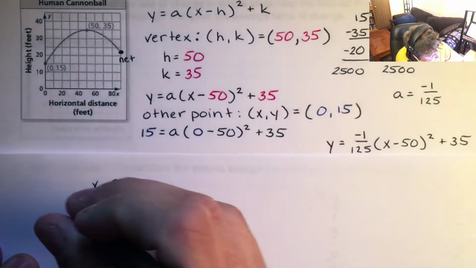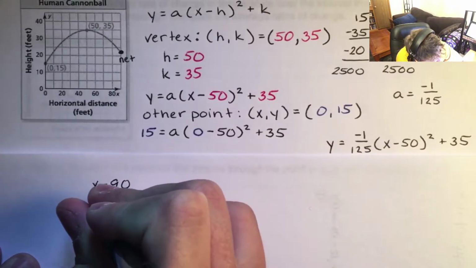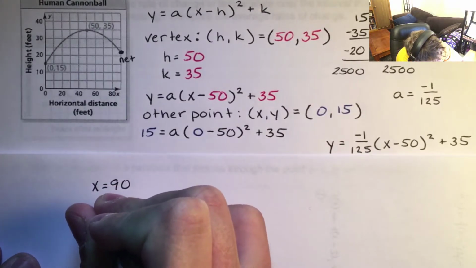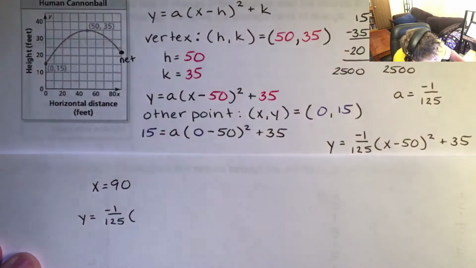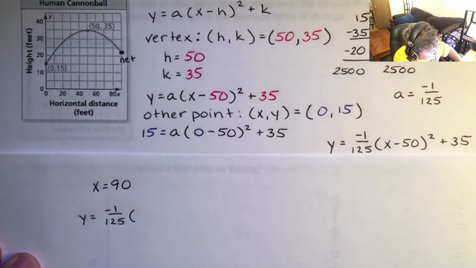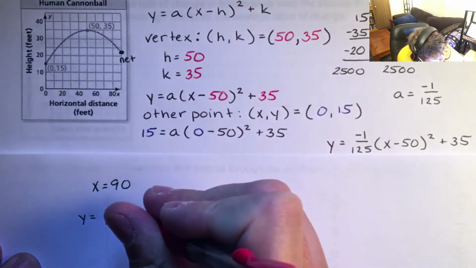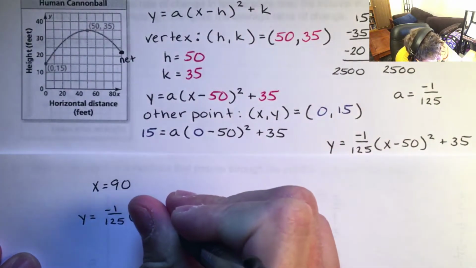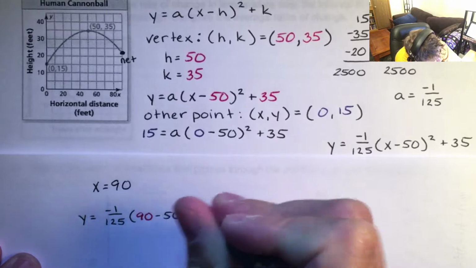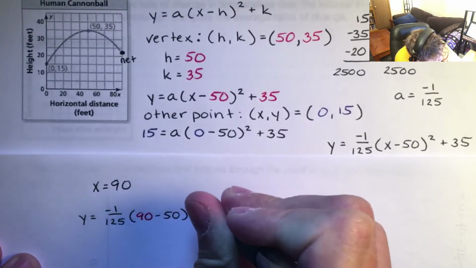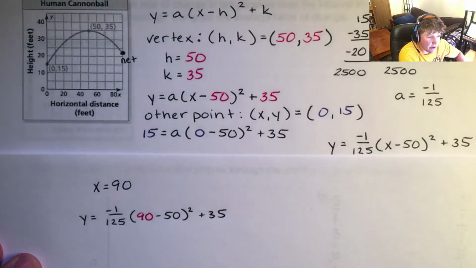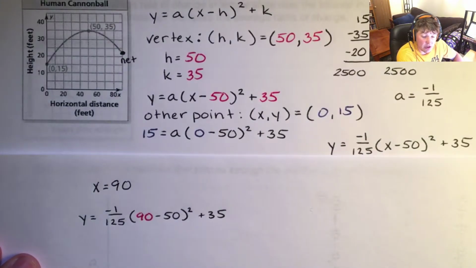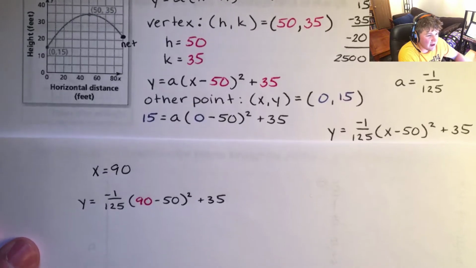So this is now y is equal to negative 1 over 125 times, well, we know x is 90, so I'm going to replace x with 90. You have a couple options. You could just put this whole thing in your calculator and hit enter, as long as you're putting it in correctly.